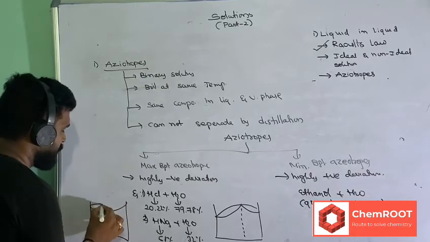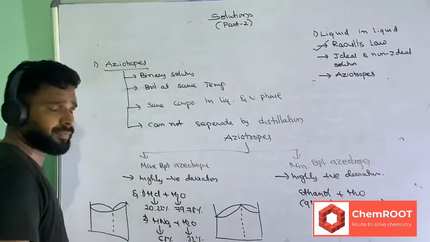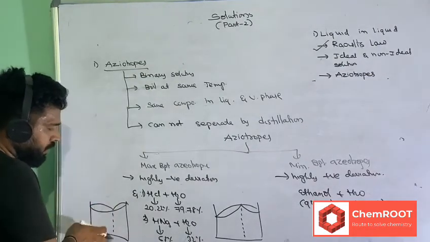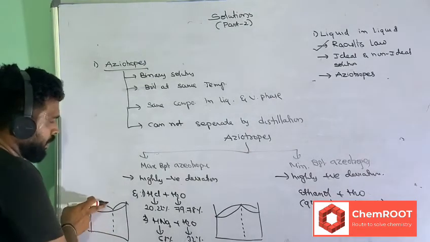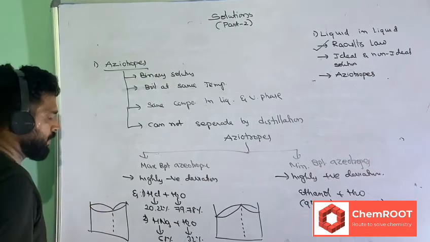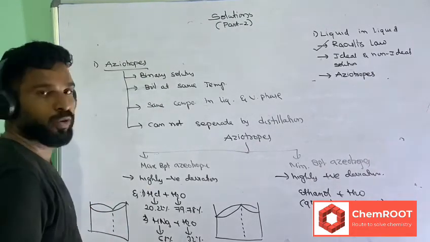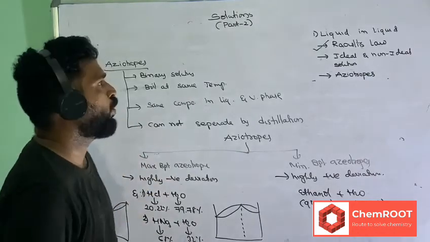Okay, so it becomes like this at this particular composition. It shows the larger negative deviation, and also they have the same composition. Same composition in liquid and vapor phase will be there. So that particular composition we consider as an azeotropic mixture. So this is about azeotropes.